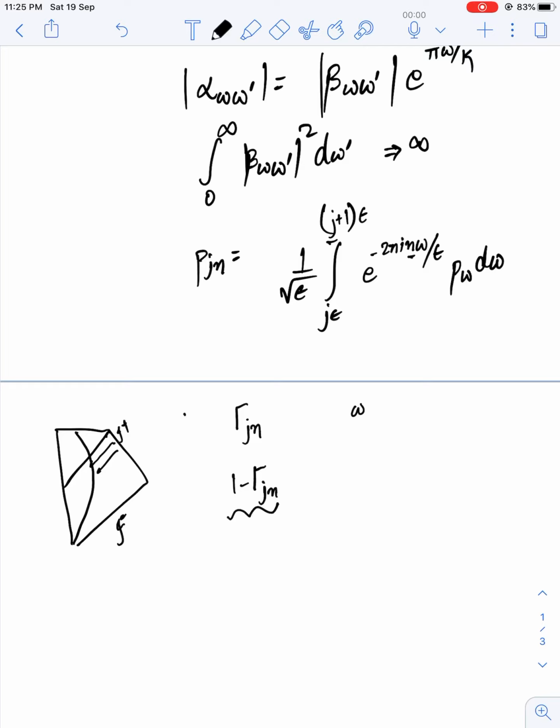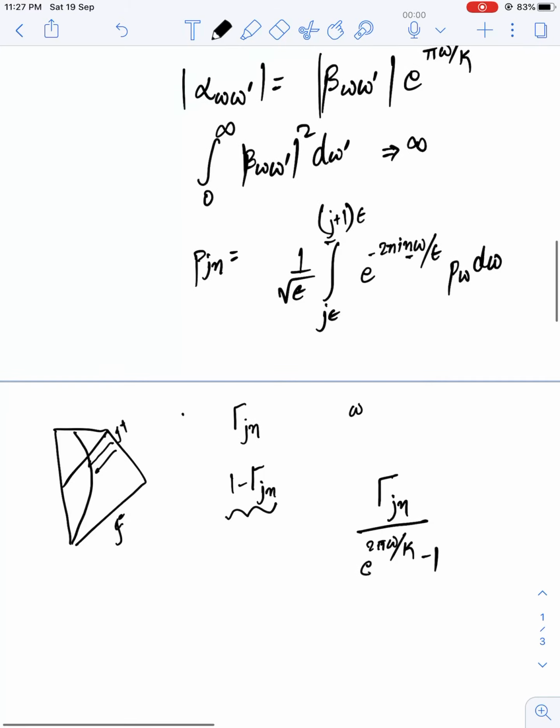So he shows, by taking the whole analytically continued manifold, that gamma jn over e raised to the power 2 pi omega by kappa minus 1 is the fraction of packets which a black hole is going to emit.